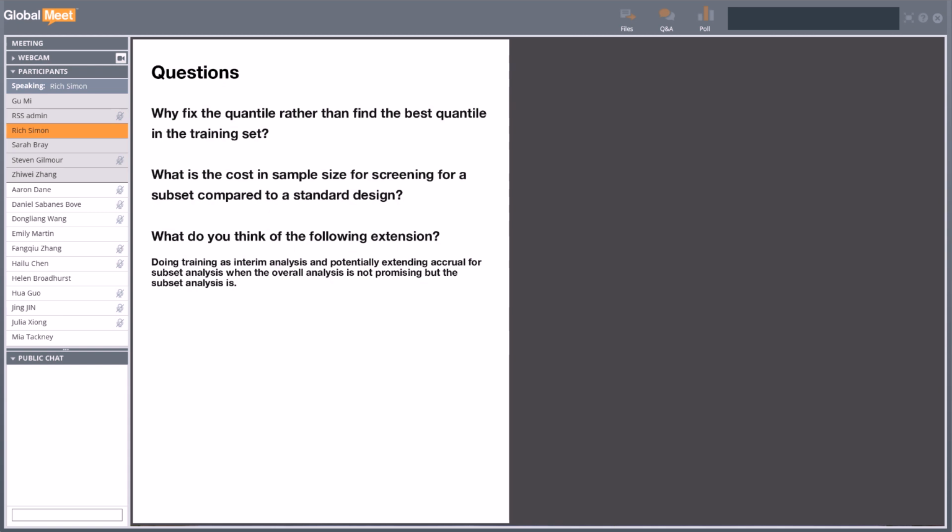But you could do it as an interim analysis and potentially extend accrual, the total size of the trial, so that you'd improve the power for the subset analysis when the interim analysis indicated that the average treatment effect is not promising, but the subset analysis might be.